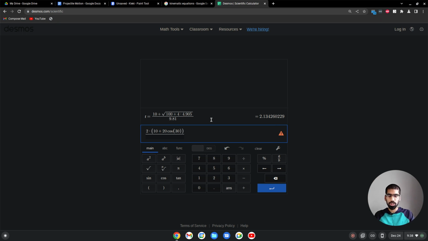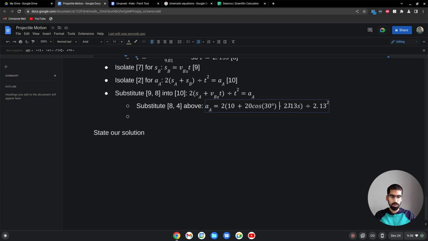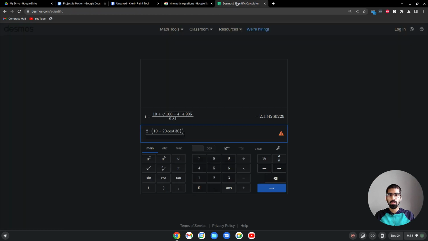Another thing we want to check is that the calculator is in degrees mode. Yes, cos of 90 degrees is equal to 0. Do we have other stuff? We need to multiply this by 2.13, but that's actually t, right? So multiply this by t and then divide by t squared, and it gets us our acceleration as 20.621.